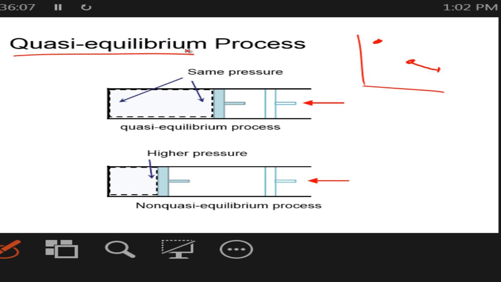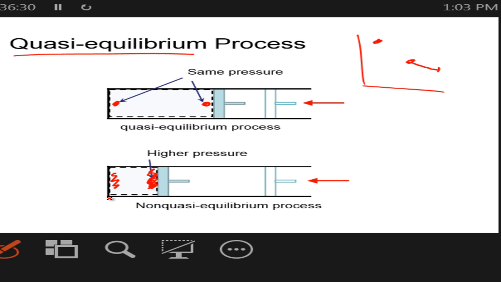Think about it this way. If I'm compressing and I compress it slowly, what's the difference in the pressure at the face of the piston versus way over here? The same. But if I compress it so fast, I'm approaching the speed of sound as I compress it, there would be a much higher pressure right on the face and a lower pressure over here.